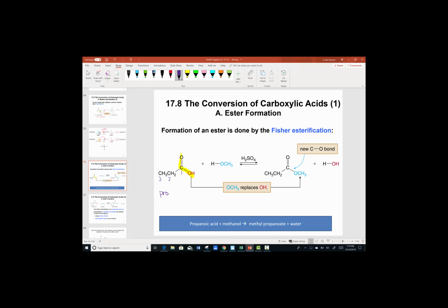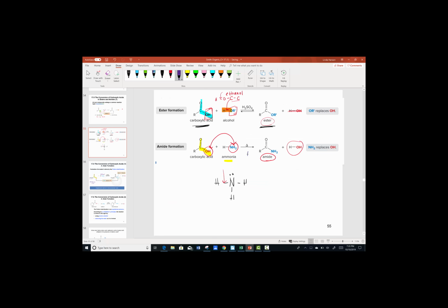So this is propanoic acid. We're reacting it with an alcohol, and the alcohol has 1 carbon, so we've learned to name it with the OL ending. This would be called methanol. And here we have an acid catalyst.